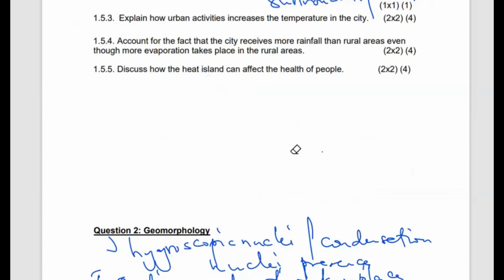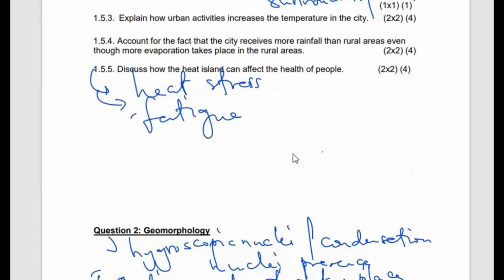Right. Our argument, we can say, because of the high temperatures, it causes heat stress. People are exposed to the problem of heat stress. It can also cause fatigue, extreme tiredness in the urban area because of high temperatures.